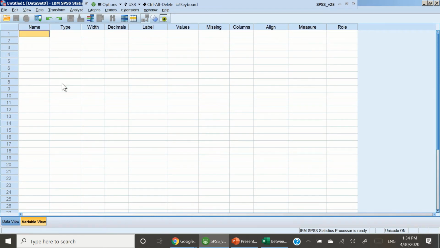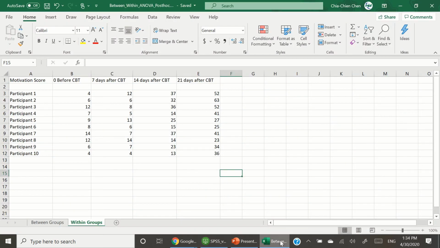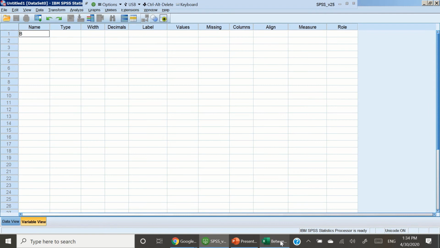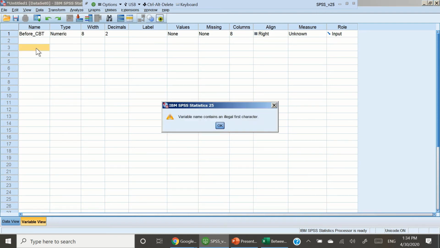In the variable view, you want to name the first variable something like before CBT. Okay, and then we got 7 days after CBT.